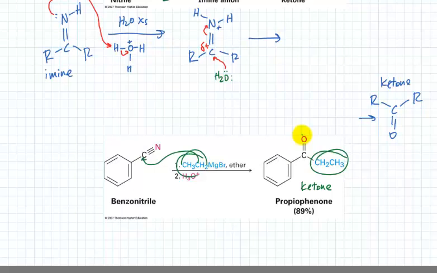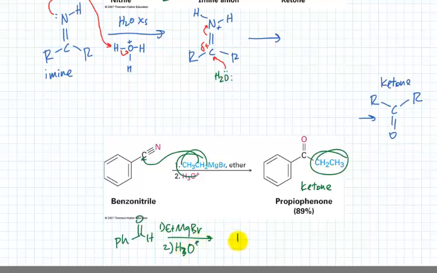But if you're doing synthesis, if you know you need a ketone at some point, if you did a regular Grignard reaction, let's compare with something like benzaldehyde with ethyl Grignard and acid as a workup.